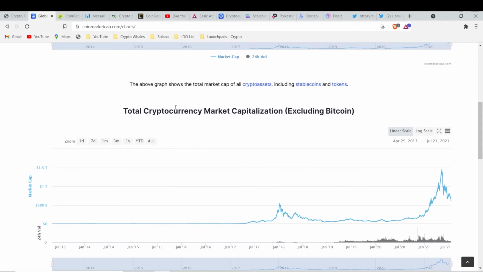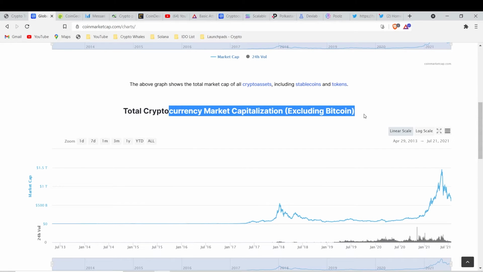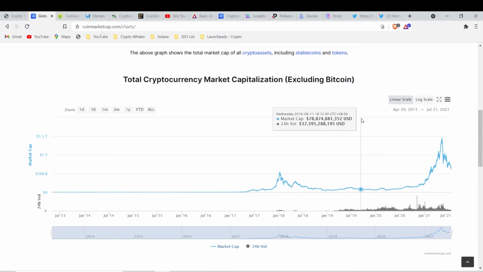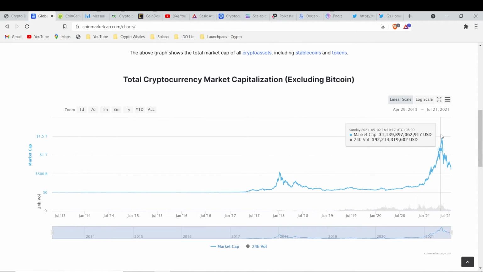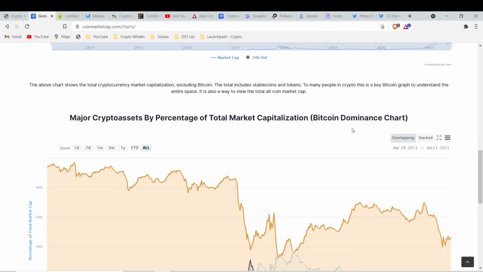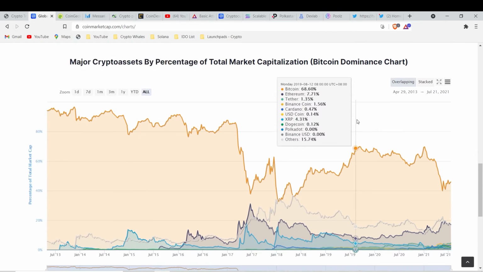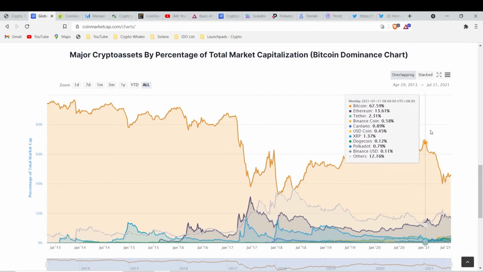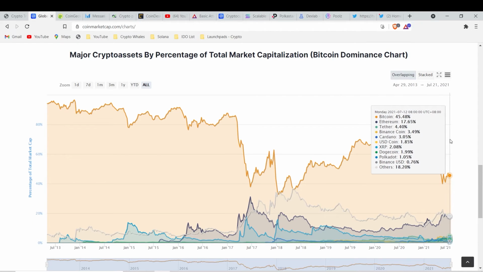And we can also see the cryptocurrency market capitalization without Bitcoin, which is a similar chart, which leads to the fact that if we look at how Bitcoin relates to the other cryptocurrencies, you can see the Bitcoin dominance chart, where you can see how much of the total market cap Bitcoin constitutes. In this case, right now we are at about 46%.